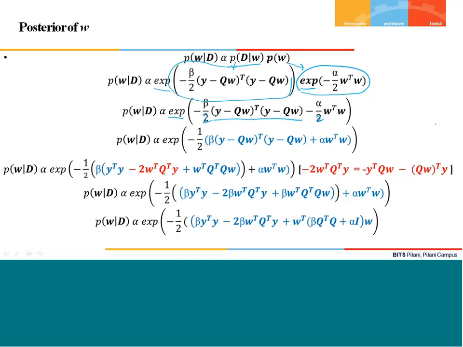Now we are multiplying all these things, from here to here, and what we get is y transpose y of this expression.